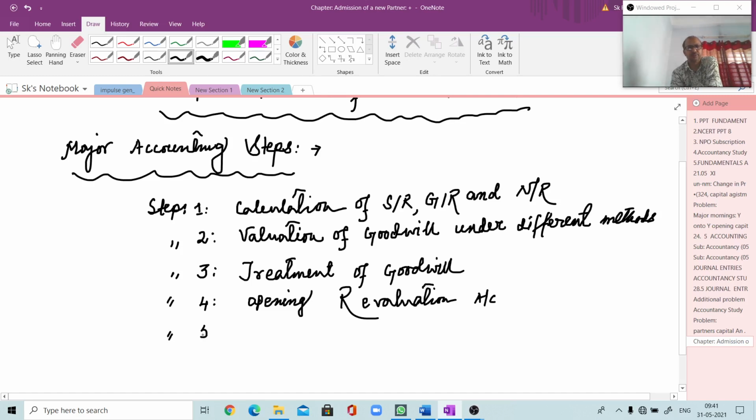Next, step 5: opening partners' capital accounts, including the new partner.